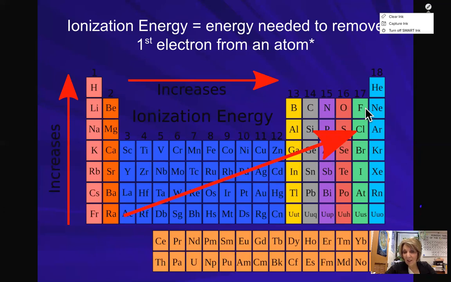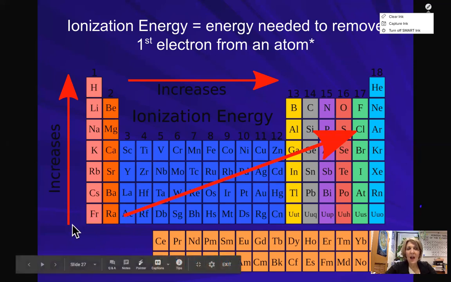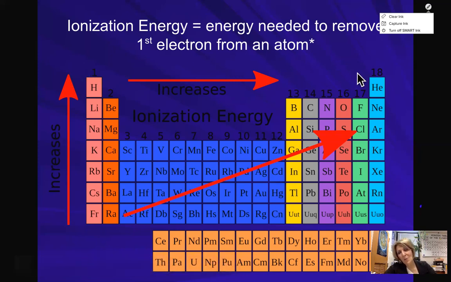It's fluorine. And think about who has the lowest: francium. So the ionization energy is going to increase going up a column, and it's going to increase going across a row, because the Coulombic attraction is going to increase going across a row, and the Coulombic attraction is going to increase going up a column.